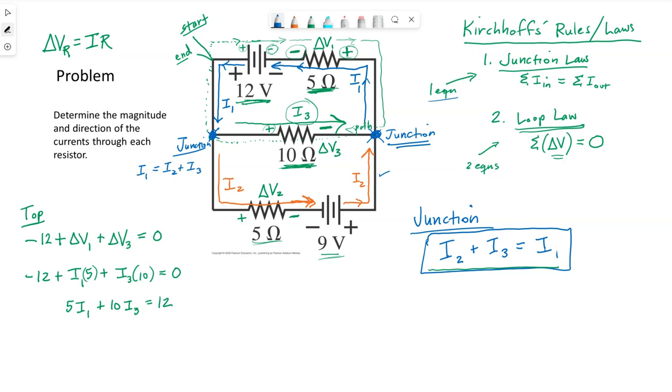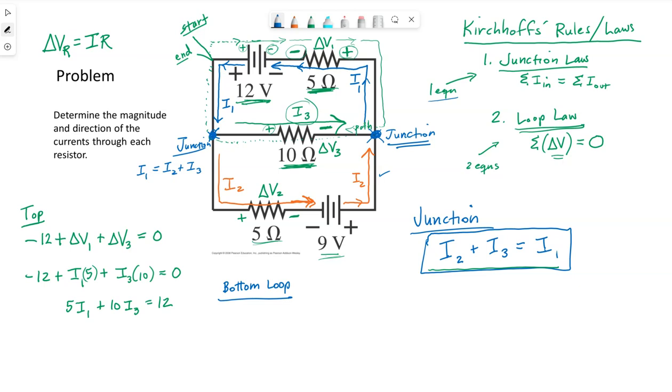Okay, let's look at the bottom loop. I'll go ahead and write all 3 just for practice's sake, and then we'll solve with just 2 of them. So again, loop. We have to start and end in the same location.